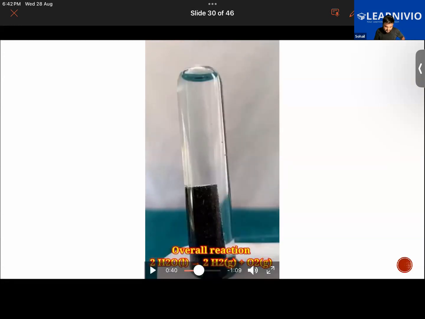The bubbles are forming because we know that due to passing of the electricity in the electrolyte, the acidified water will break into hydrogen and oxygen gases. Hydrogen will be H plus ions and this one will be O minus ions. This will be the positive ion, this one will be the negative ion. Okay, continuing further.